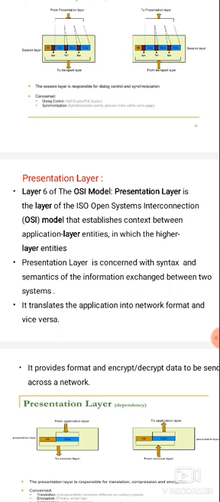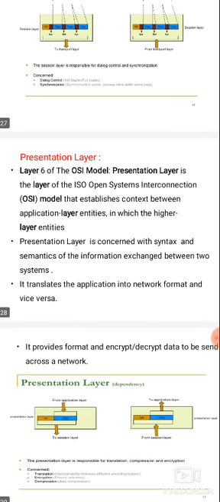The application layer is the last layer, so its entities are the highest layer entities. The presentation layer is concerned with the syntax and semantics of the information exchanged between two systems. It translates the application's information into network format and vice versa, accepting information in network format from the network.